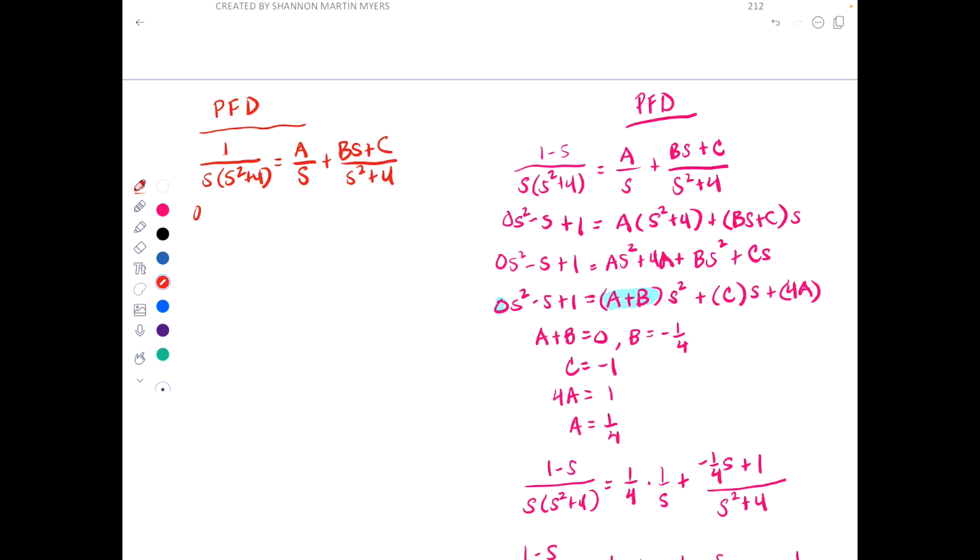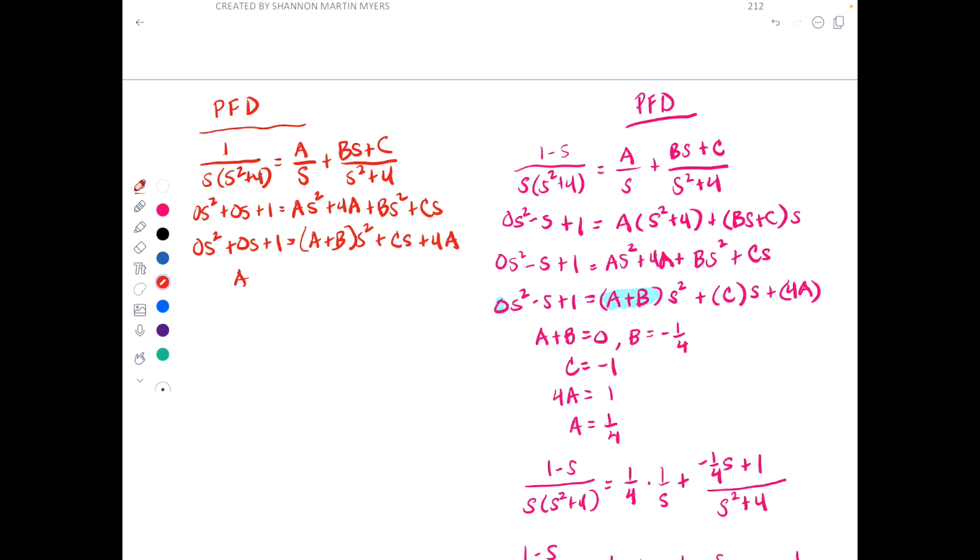So that'll be 0S squared plus 0S plus 1 is equal to AS squared plus 4A, and then plus BS squared plus CS. 0S squared plus 0S plus 1 equals A plus B S squared plus CS plus 4A. I guess we didn't need to do the whole thing again.